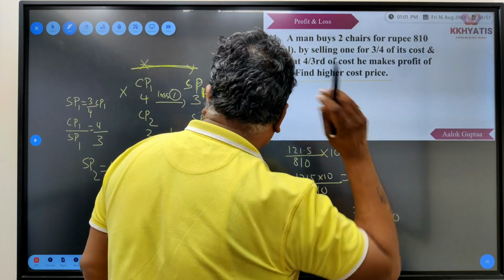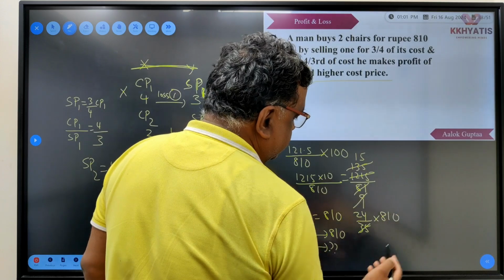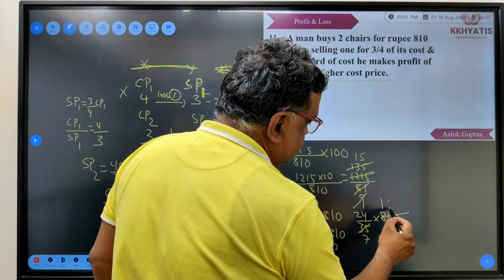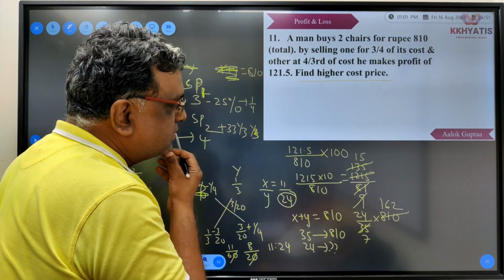7 will go into this, 7 1 is 7, 11 won't go, 7 5 is 35, 5 1 goes, 5, 31 6 162. So we'll have to actually calculate this value.